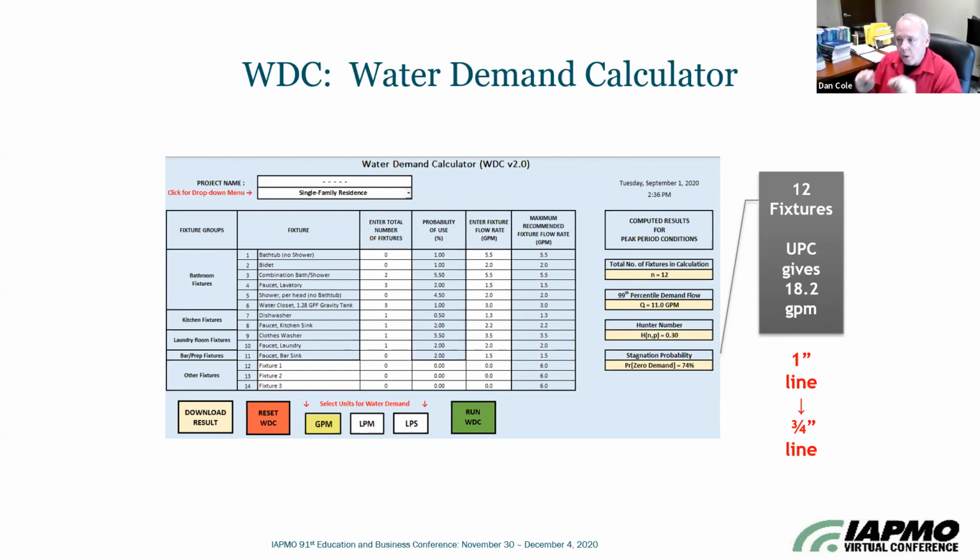This is only the beginning piece for pipe sizing. It's not the total thing. Hunter's curve only provides for you the demand estimate to start you off with your pipe sizing. The water demand calculator replaces Hunter's curve, but it serves to do the same thing. It provides you with the peak demand estimate that you need to use to start your pipe sizing.